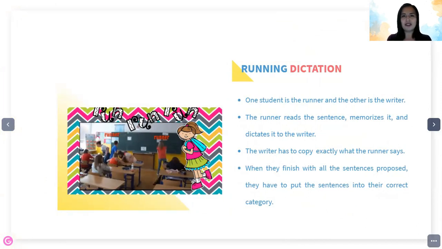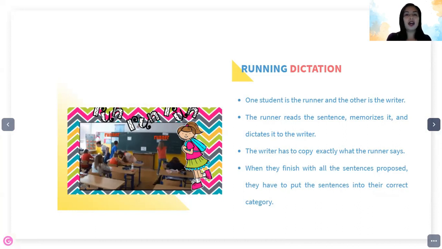So as you know, running dictation is when the teacher pastes some sentences or slices of paper around the walls of the class and asks one student to run to these sentences, read the sentence, memorize the sentence, and run to the other student, to the partner, so that they can dictate the sentence and the writer obviously copies the sentence.